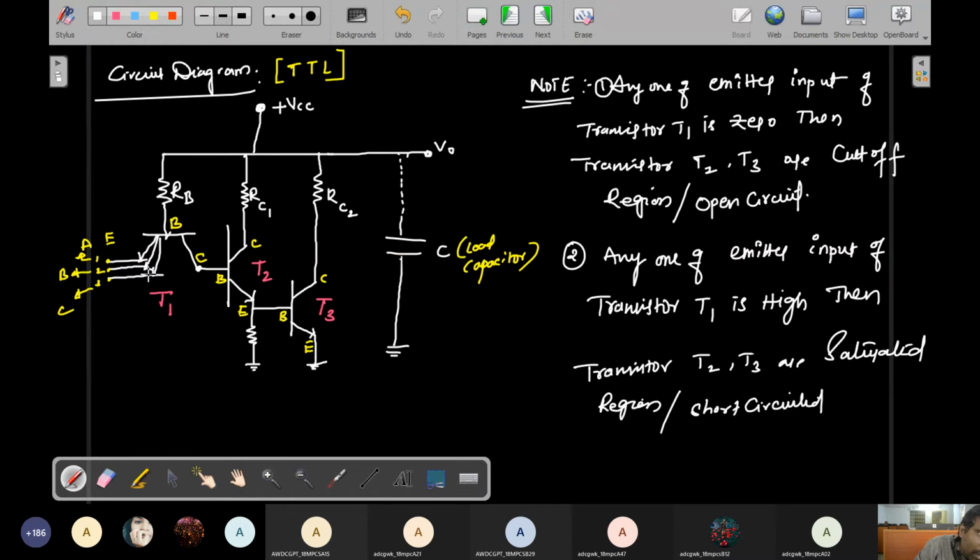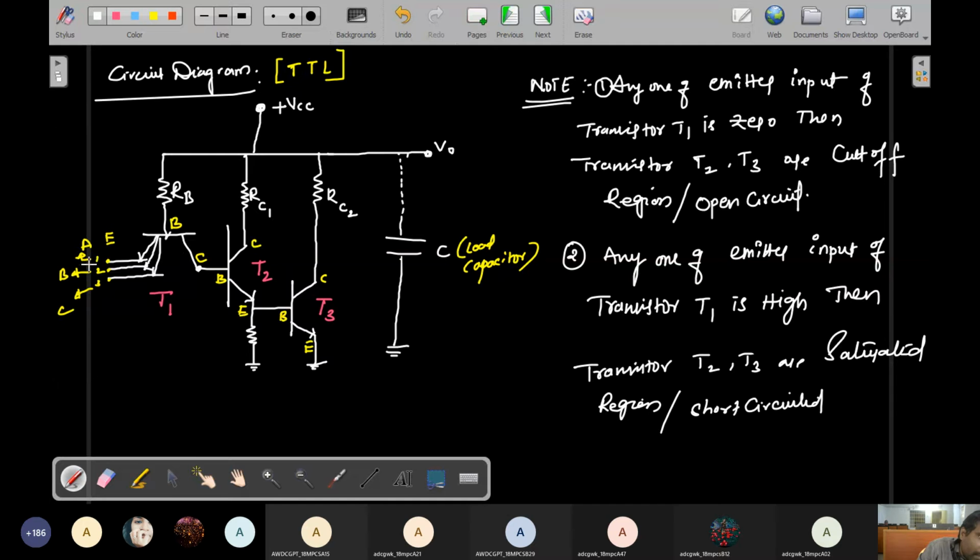Why? Because one terminal of the emitter is connected to 0, so the emitter current is transferred to the collector current. We are collecting the output voltage through the collector only.